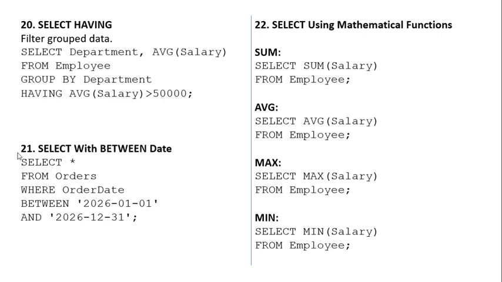And 21 is SELECT with BETWEEN on a date.